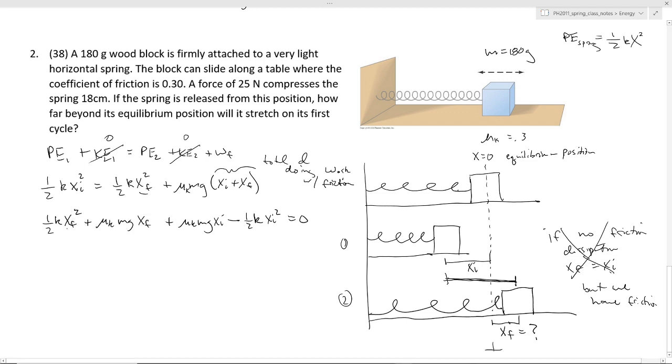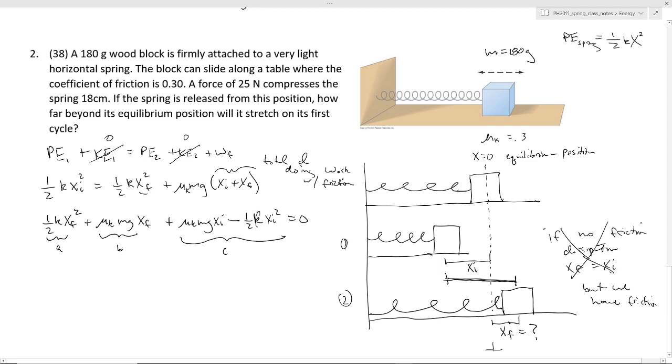So in other words, we have a quadratic. So in order to solve this, we would have to stick this into our quadratic formula, where this stuff in front of the x final squared is our a, this is our b, and then all of this would be c. Notice we know all of this stuff.